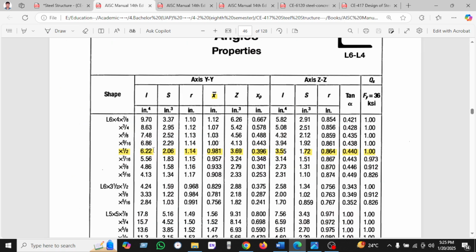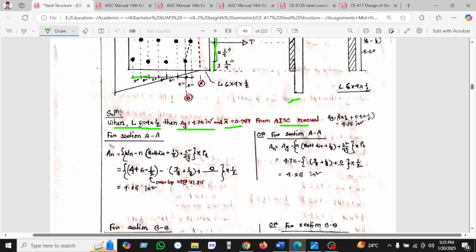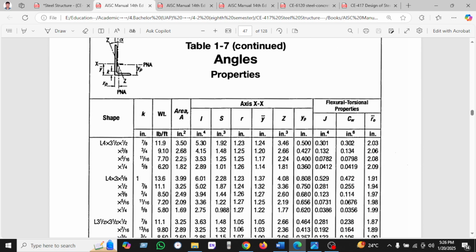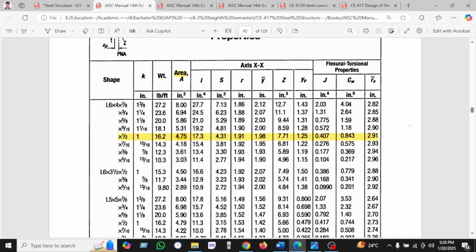We just go to the AISC manual and find L into 4 into 5. So we can see L into 4 into half. This is the portion. Then we will consider the area, which we have found as 4.75.